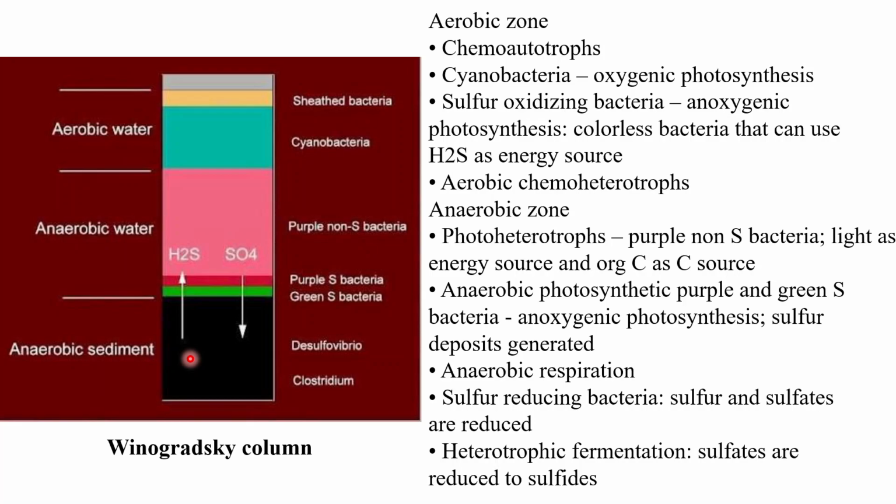So there is no oxygen present, because oxygen cannot diffuse to that depth. So that part would be anaerobic, last part. And you know the bed of the river or bed of any water body has sediment. So that is anaerobic sediment. So the deepest layer of any water body is anaerobic sediment.